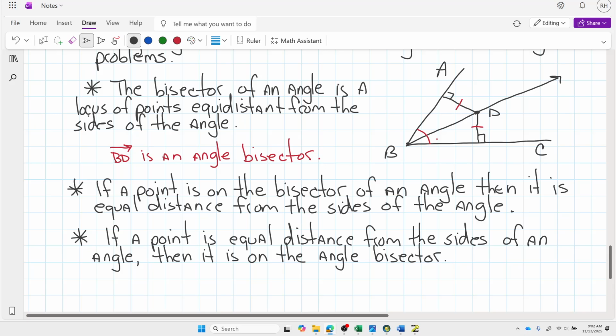So that's the theorem both directions, the theorem and then its converse. If a point is equal distance from the sides of an angle, then it is on the bisector of the angle.